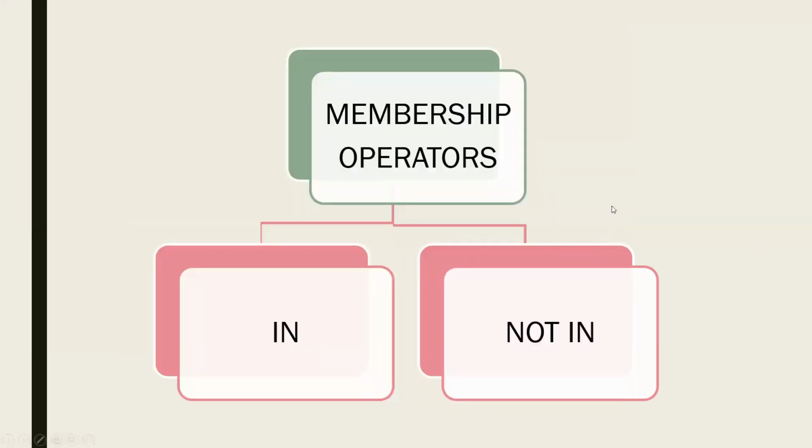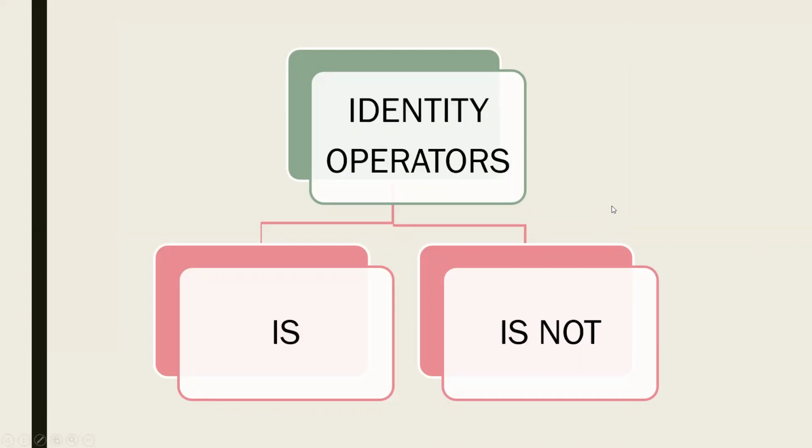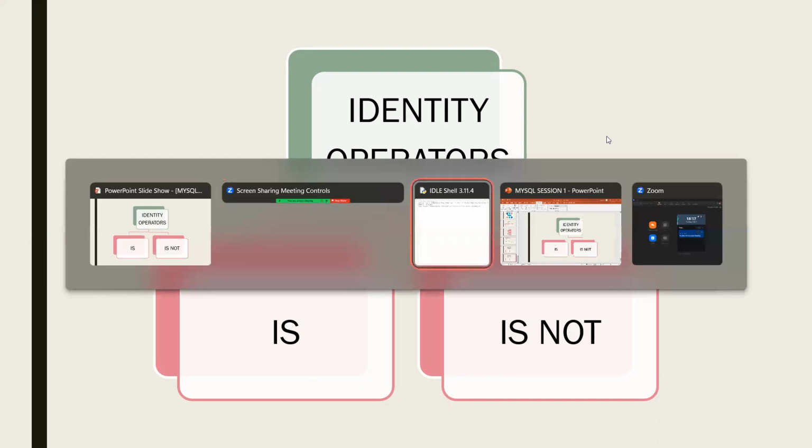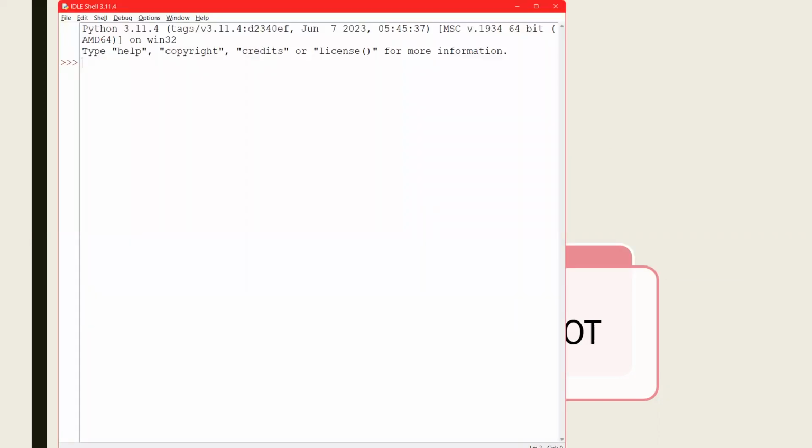After membership operators comes the identity operators. Identity operators are is and is not. Is and is not we will see practically. So here is our shell.